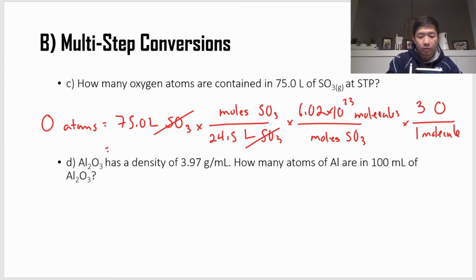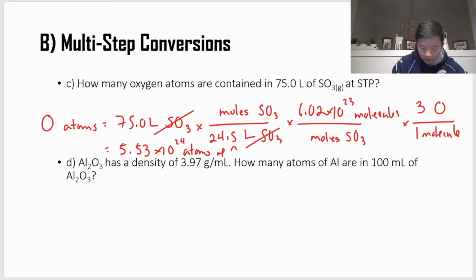So 75 divided by 24.5 times 6.02 times 10 to the power 23, and then times 3. Okay, so I get a huge number. I have 5.53 times 10 to the power of 24 atoms of oxygen.